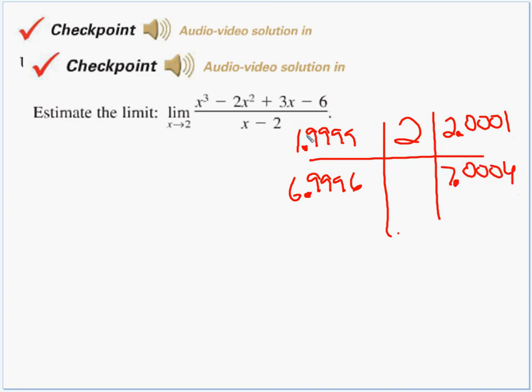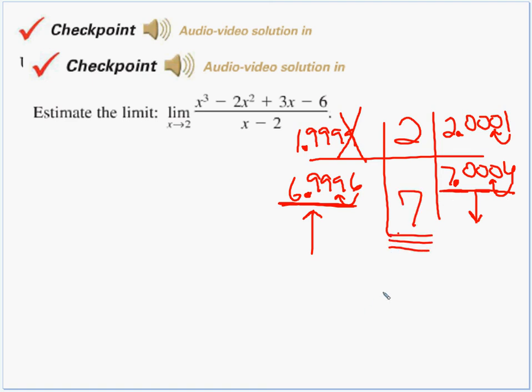If you did one less 9 on there, this 6 probably moved over a spot. And if you did one less 0 in there, this 4 probably moved over a spot. Either way, we're just a little bit under 7. If we round this up, we get to 7. Here, we're at a little bit over 7, so if we round this down, we get to 7. So it sure looks like that limit is going to be 7.